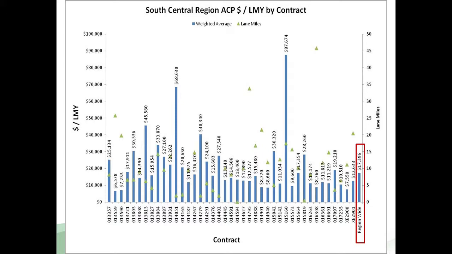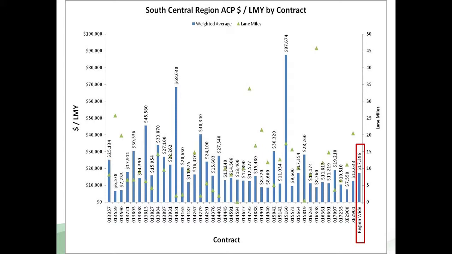So going back and understanding what happened with those high cost contracts, and there's little green triangles in this, so what that shows is how many lane miles were in that project. So we may get a spike like this one here, but if you look down, it's actually only about 3 or 4 lane miles.